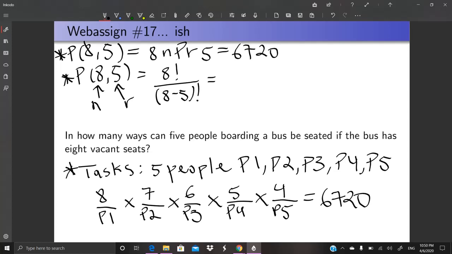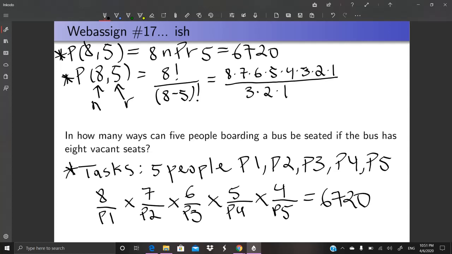So you'd say 8 times 7 times 6 times 5 times 4 times 3 times 2 times 1, and then over 8 minus 5 factorial, which simplifies to 3 factorial. 3 factorial is 3 times 2 times 1.